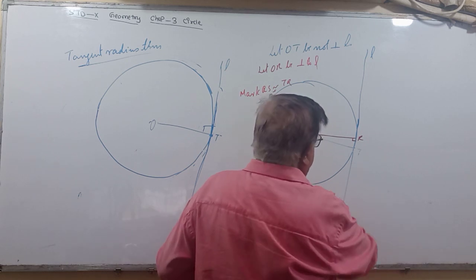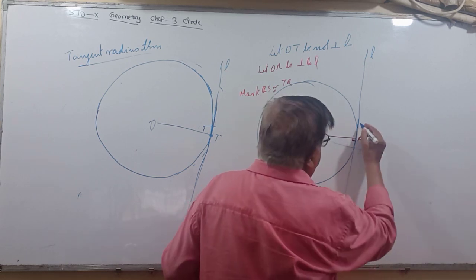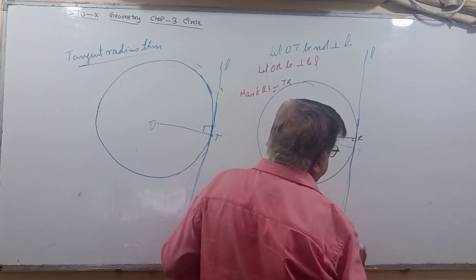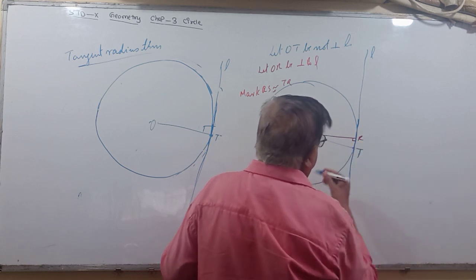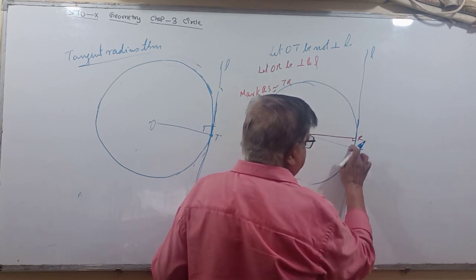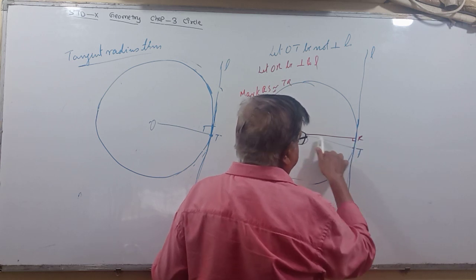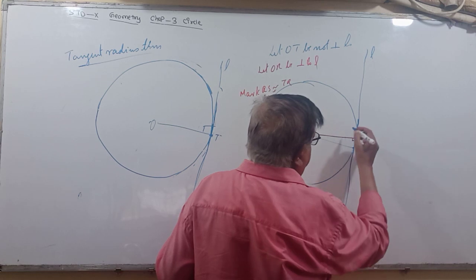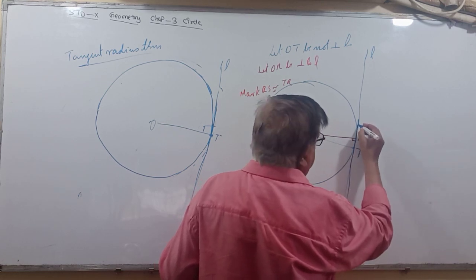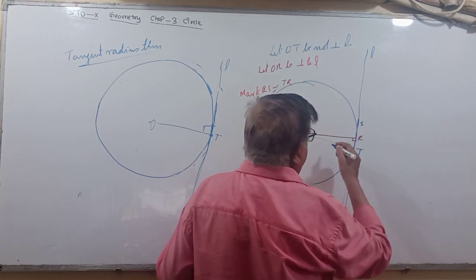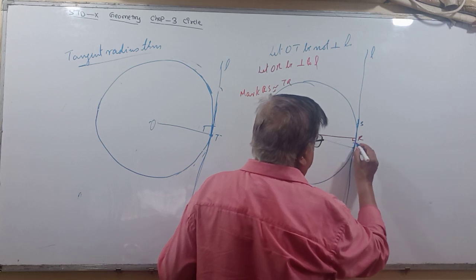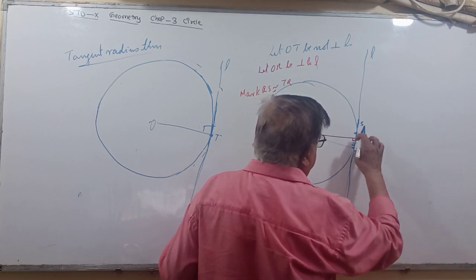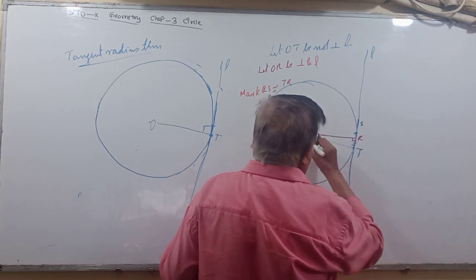We have this tangent, this is point T. We have to prove that this angle is 90 degrees. We assume that it is not 90 degrees. Let OR be perpendicular. Now mark RS here, RS congruent to TR.